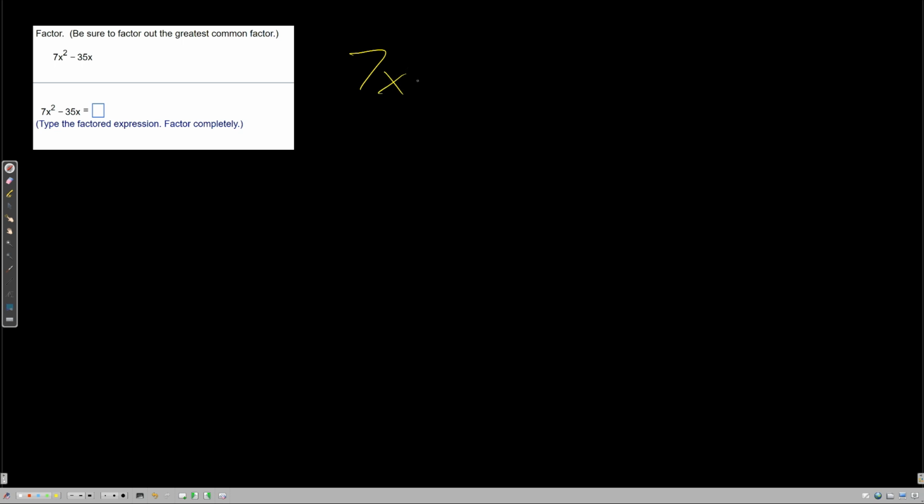When I look at that, it says 7x times x because it's 7x squared. And the 35x, I can view that as 5 times 7x. Then my GCF is 7x.